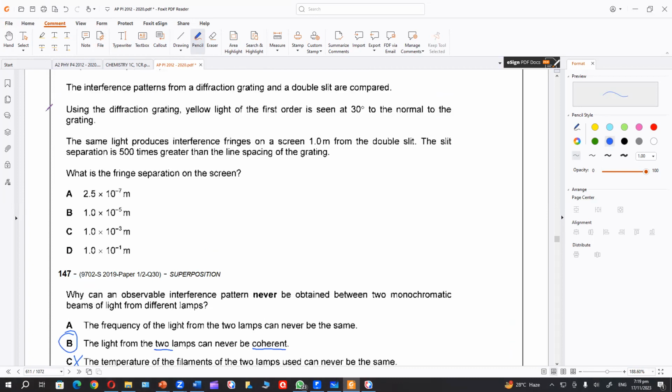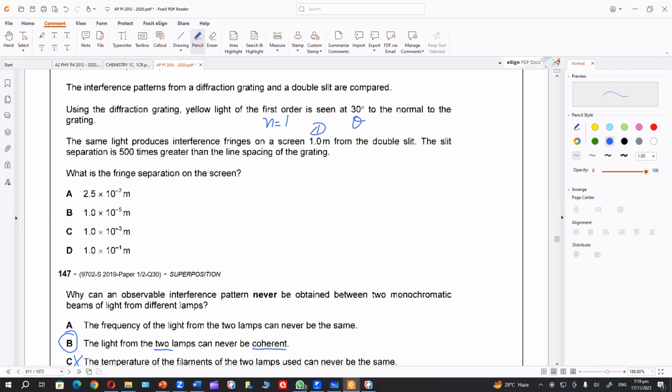The interference patterns from a diffraction grating and a double slit are compared. Using the diffraction grating, yellow light of the first order is seen. First order means n is equal to 1, at 30 degrees to the normal to the grating. The same light produces interference fringes on a screen 1 meter from the double slit.